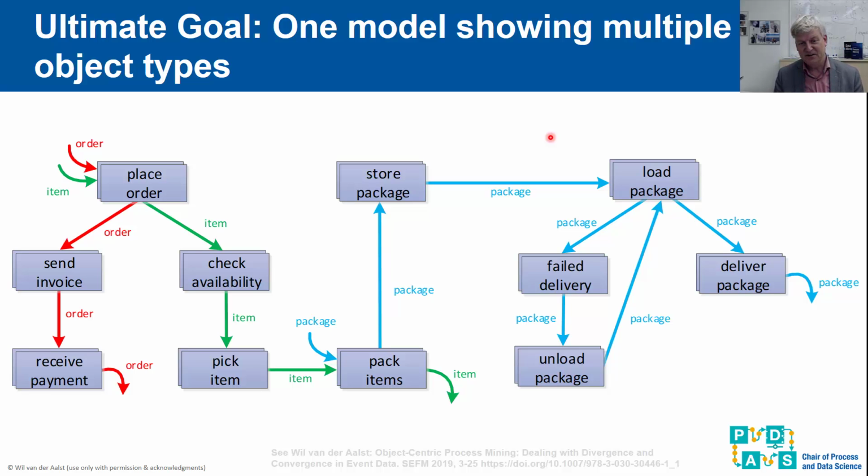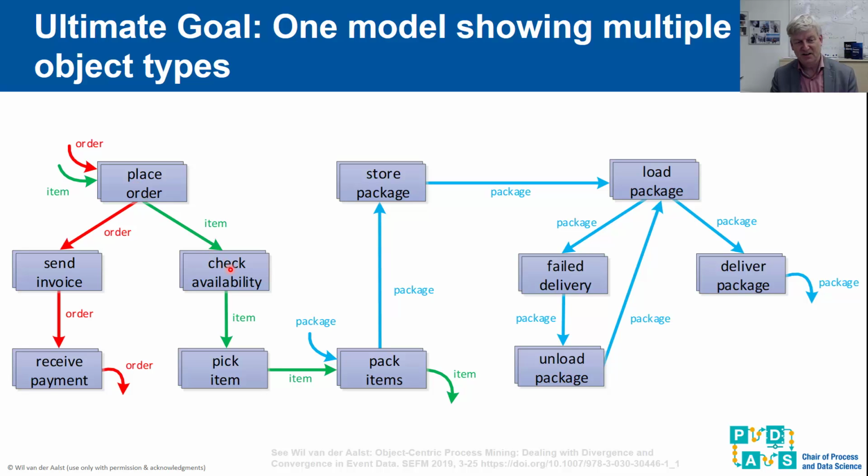So orders, items, packages, routes are all different things. And some of the activities that we see are just referring to one of these entities, one of these objects, but sometimes also to multiple. For example, if we place an order, that refers to one order and possibly multiple items.